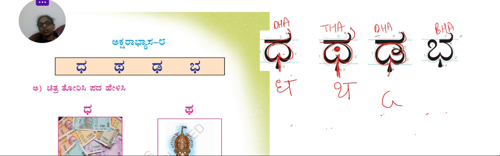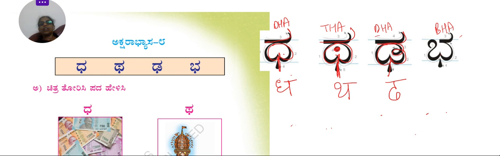This is Dha. Again I will write it: 1, 2, 3, 4, 5. This is Dha. And in Hindi it is Dha.